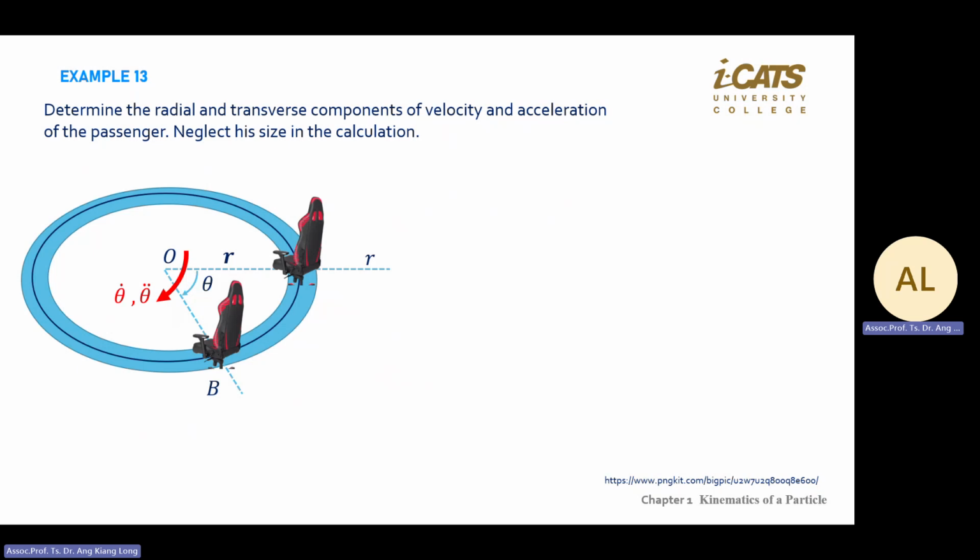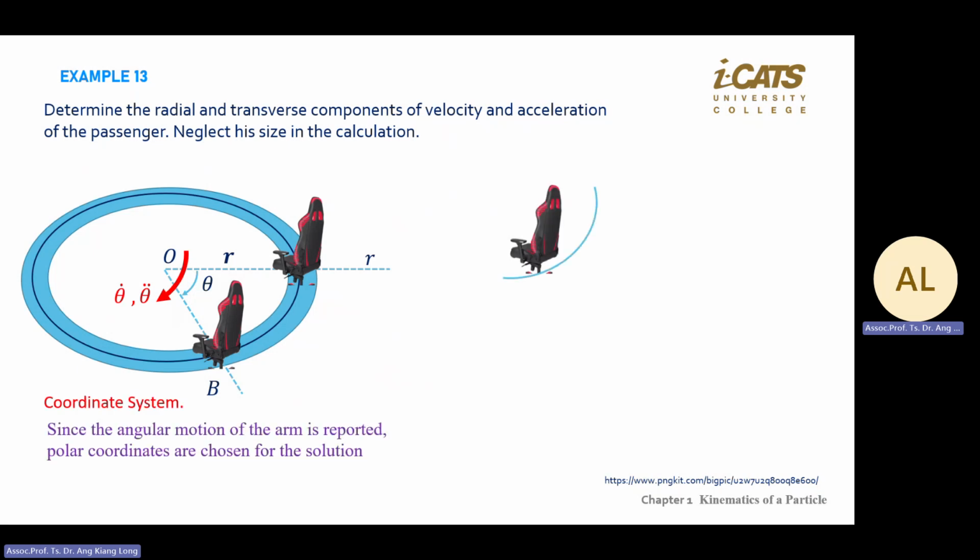Okay. Now, once you know how to draw the axis, important, draw the axis. R is from the center to the object, and the direction will be given in the question. Then you label. You only need to label the red color arrow, and then theta dot, theta double dot. You'll be seeing the object like this.